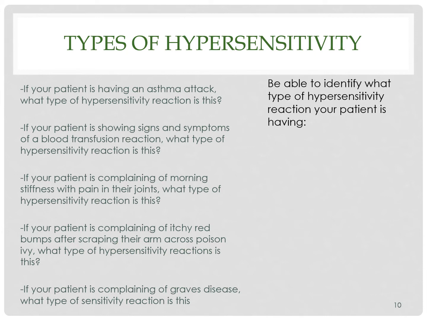Let's talk about the 4th one. If your patient is complaining of itchy red bumps after scraping their arm across poison ivy, what type of hypersensitivity reaction is this? So this is going to be type 4, and this is contact dermatitis. Very simple, right, guys? It's just a rash. It's not mediated by your antibodies, but by your cells.